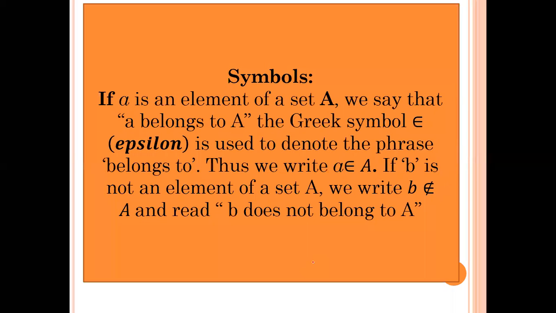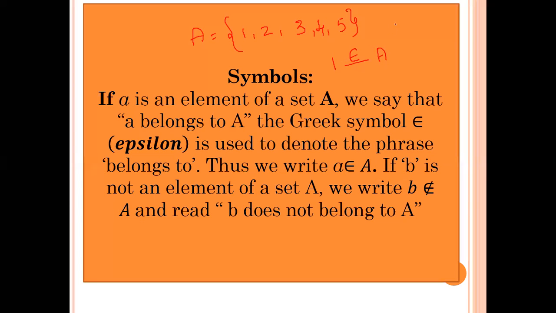Then we learned about symbols. If you have set A is equal to {1, 2, 3, 4, 5}, then is 1 an element of A? Yes, if it is an element, we have to write it as 1 belongs to A. Correct?